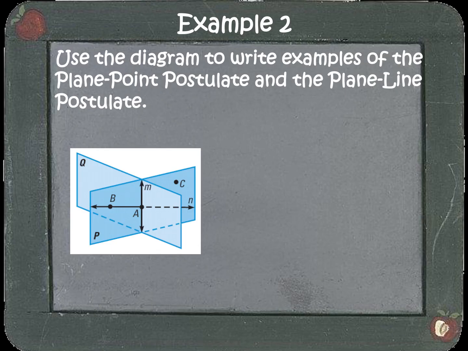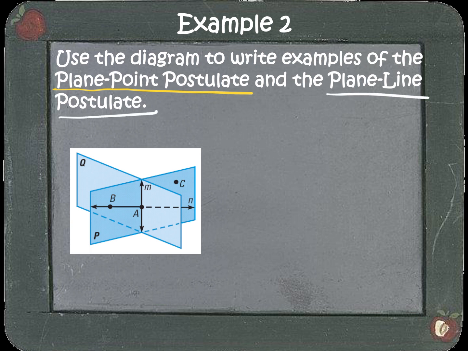So the next example says to use the diagram to write examples of the plane point postulate. So I'm going to have two parts here. I'm going to answer and give examples of the plane point postulate, and then I'm also going to give examples of the plane line postulate.